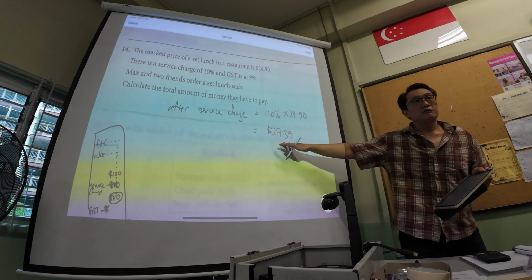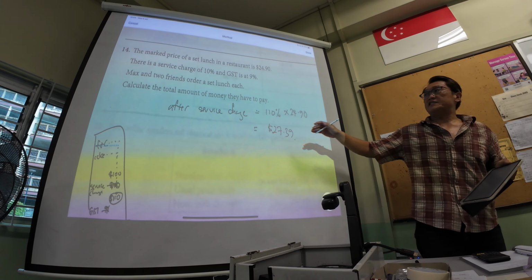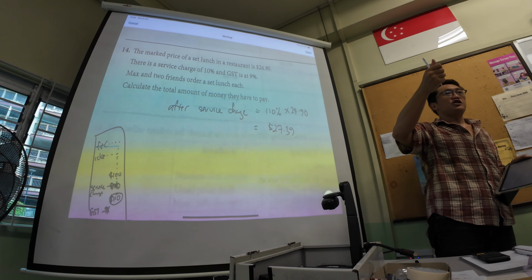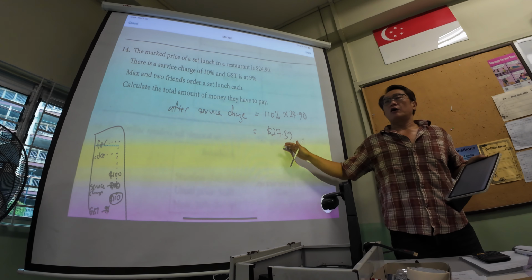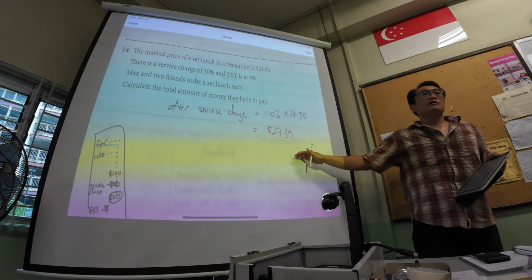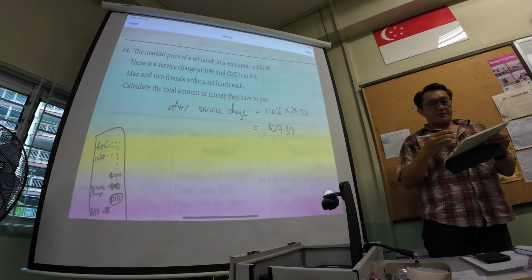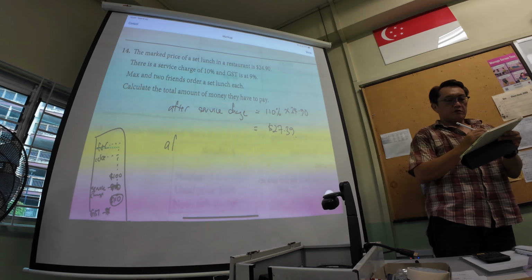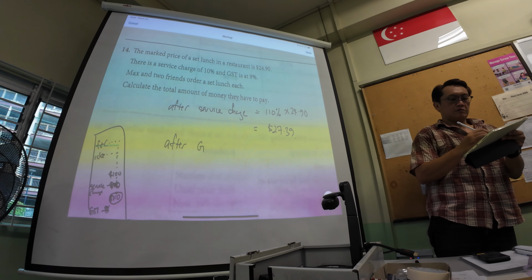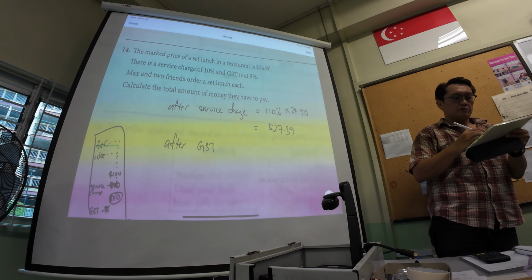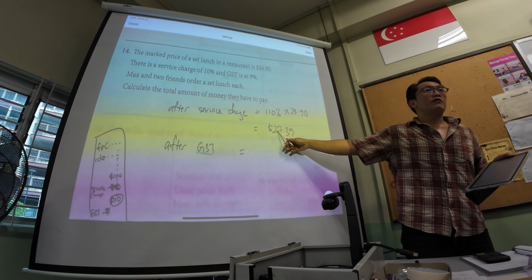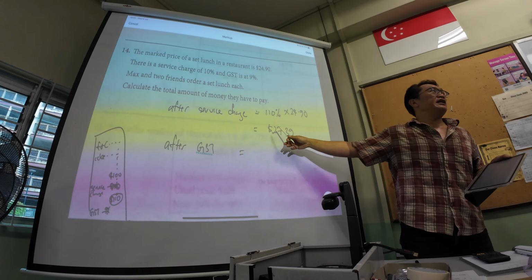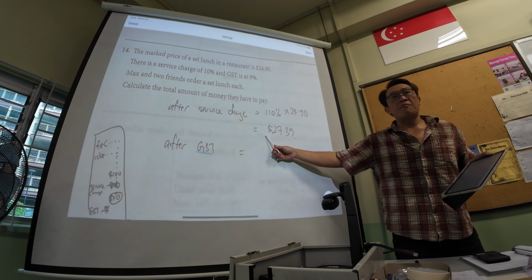Then after service charge, we still have to pay GST. And the GST will be 9% on this amount. So after we add the 9%, we are calculating 9% of this now, because the GST is charged on this amount.